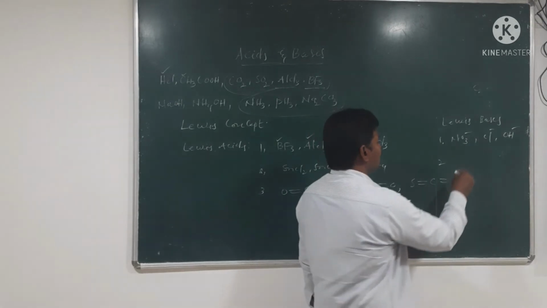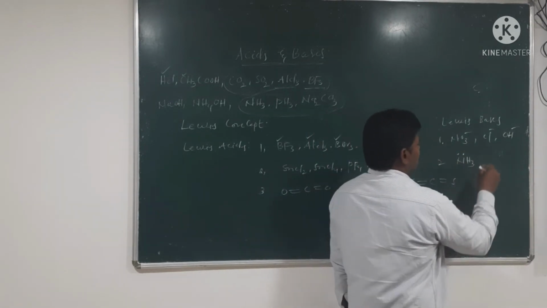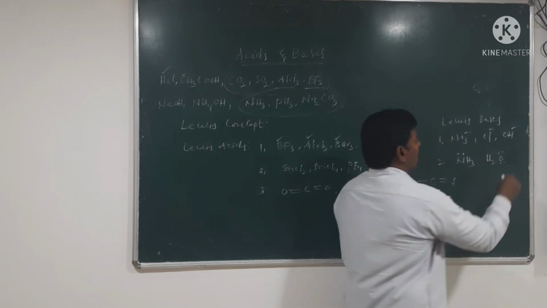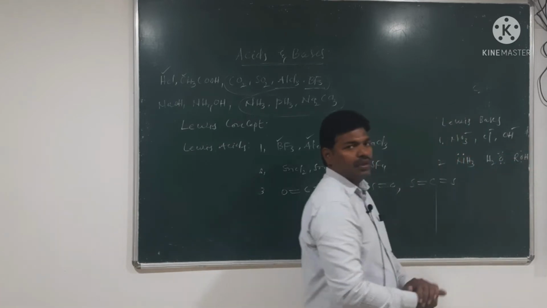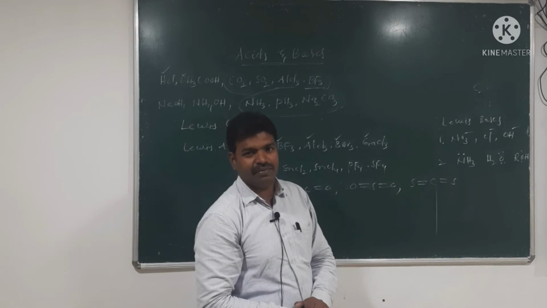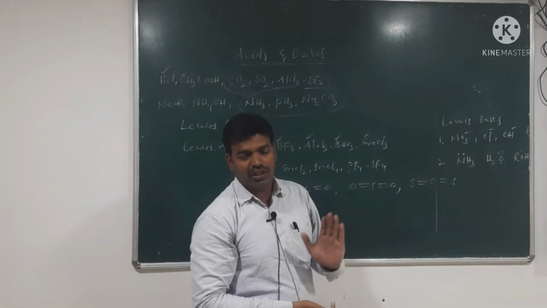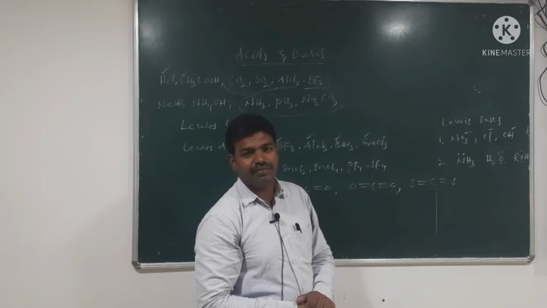For example, NH3, which has one lone pair, H2O, and ROH, because those compounds have unshared pairs of electrons.